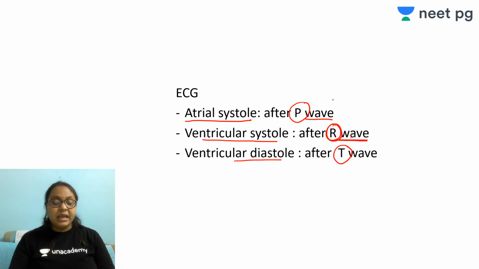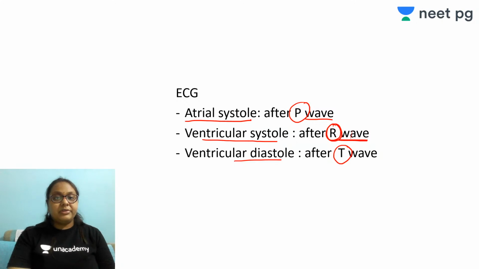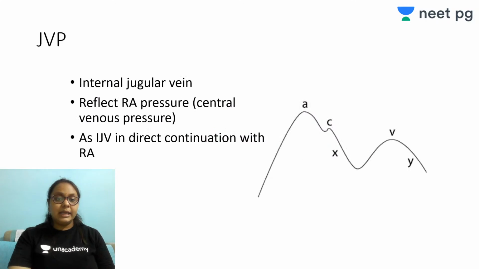So remember, the P wave denotes atrial systole, the R wave denotes ventricular systole, and the T wave denotes ventricular diastole. This is about the cardiac cycle, along with the different heart sounds, the first, second, third and fourth, and also the ECG. Is it clear?